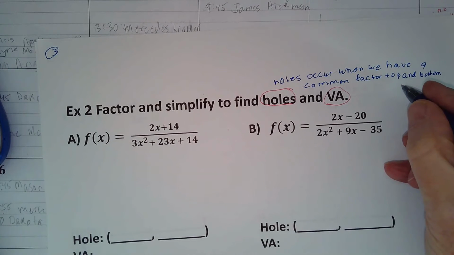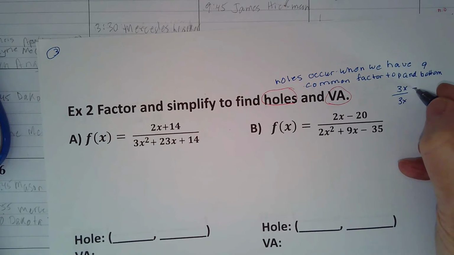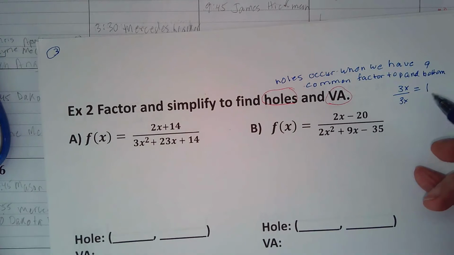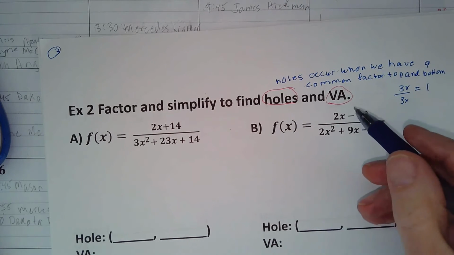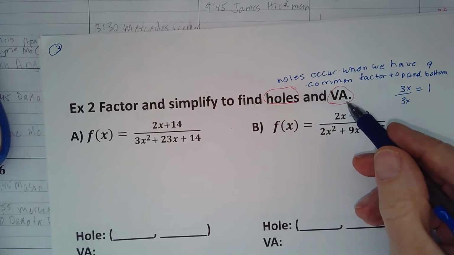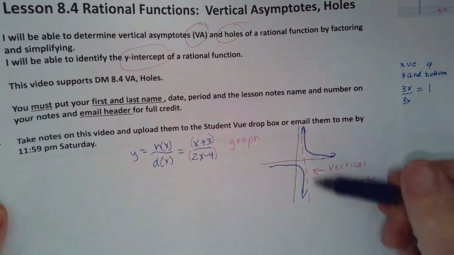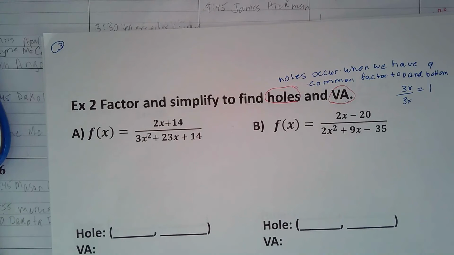So an example might be 3x over 3x, okay, which equals 1. You know, that tells you what you're getting there, okay? And so they call that a hole. And remember, you can't see holes. Vertical asymptotes, we talked about those when we did the very opening slide here. So you know at least what that is to start with, generally speaking.